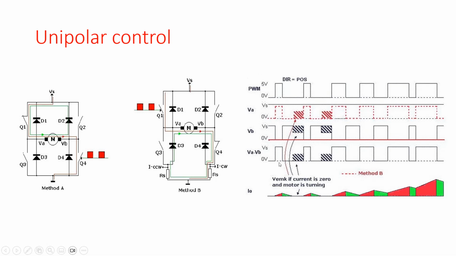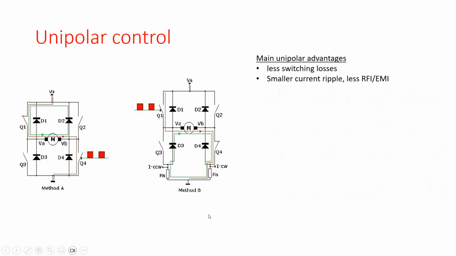So in this situation, that relationship is not there anymore, so we call that a non-linear operation of the unipolar control topology. Looking at some properties of the unipolar control, we can see that we have less switching losses because we have only added the PWM to MOSFET Q4, and we do not have a high current ripple, because this path leads to the situation that the current decrease is not that high, so it has not that negative effect on RFI or EMI.